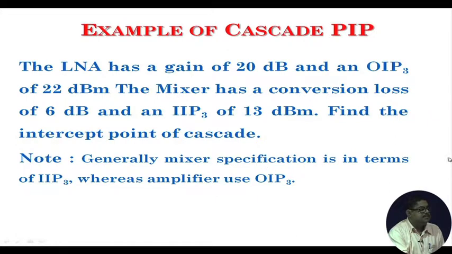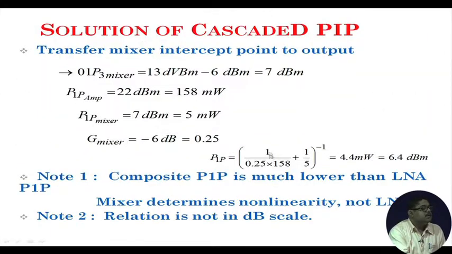Generally mixer specification, this is how the industry does it, is in terms of IIP3. Amplifiers generally use output intercept point, mixers use input intercept point. Now, to transfer the mixer intercept point to the output, we have just seen that relation that can give you the OIP3 of the mixer, we can find it like this.